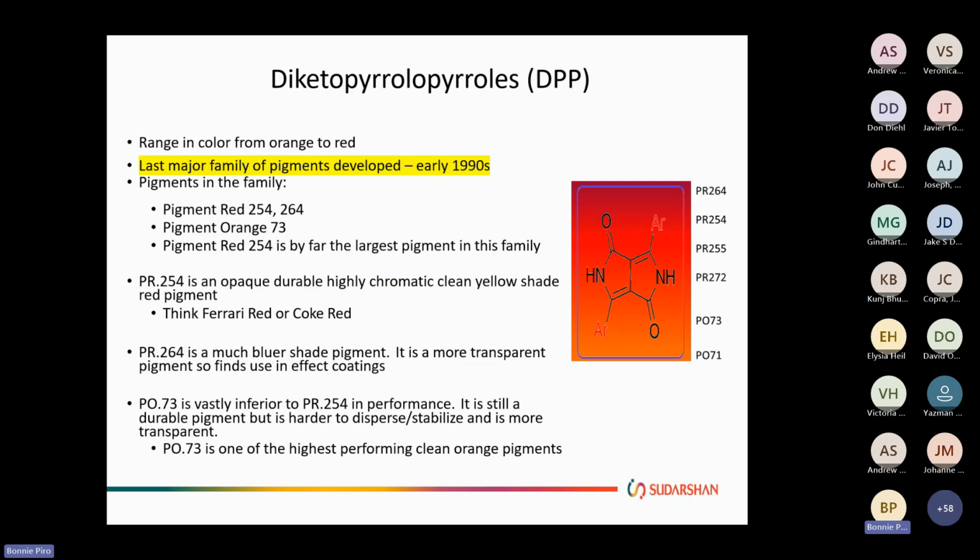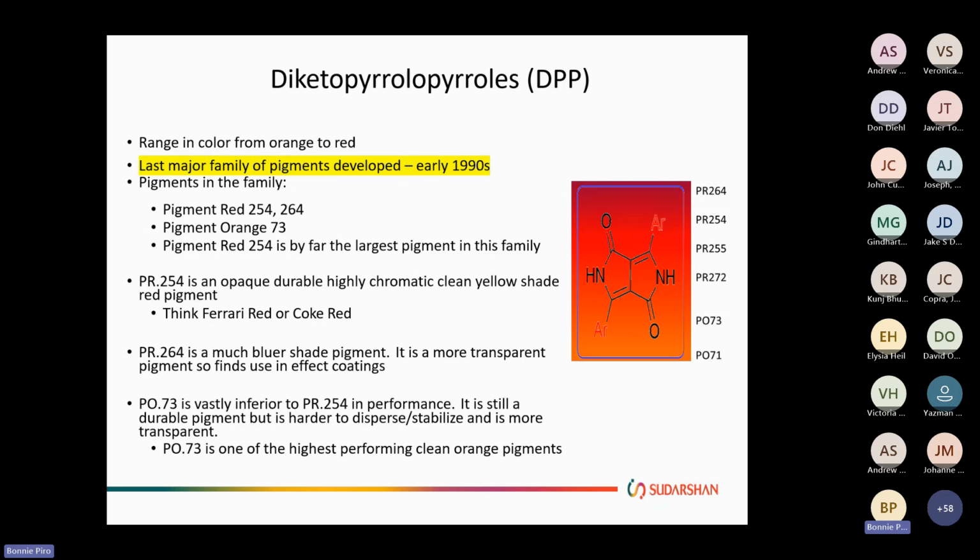Moving on to the DPP chemistry. This is a very important chemistry in a number of different application areas. It's interesting to note that this particular family of pigments was the last major chemistry that was developed, in the early 1990s. There hasn't been anything since that's commercially viable.